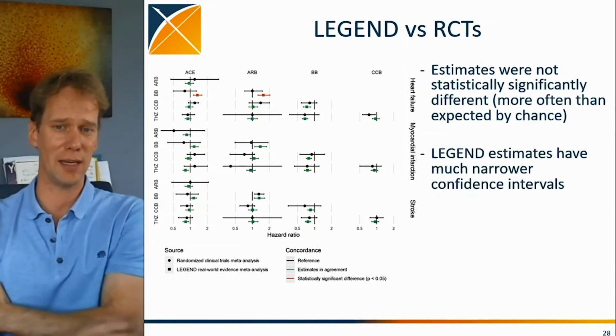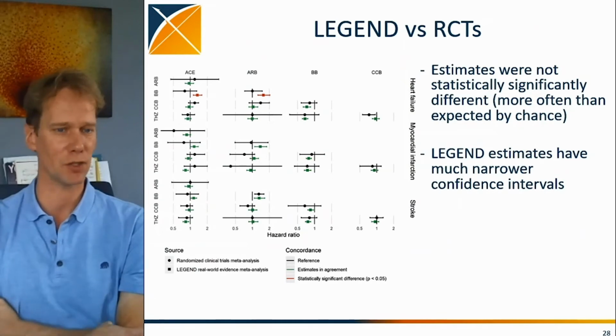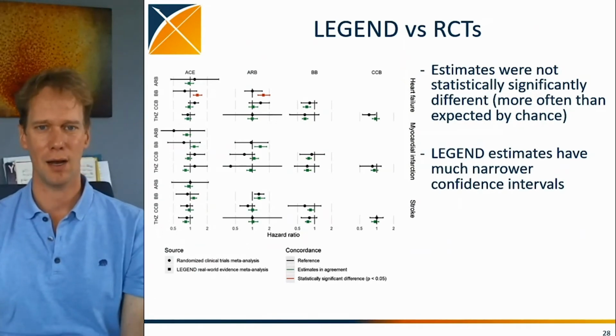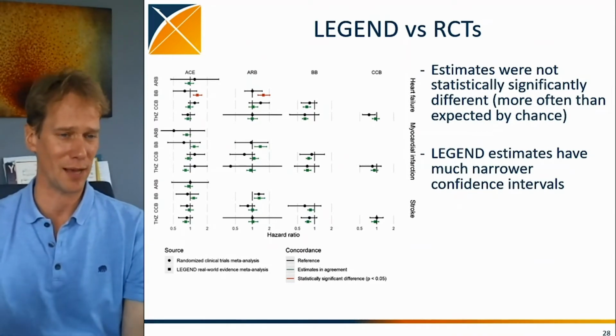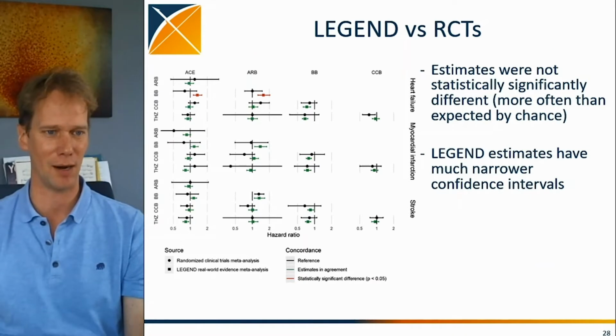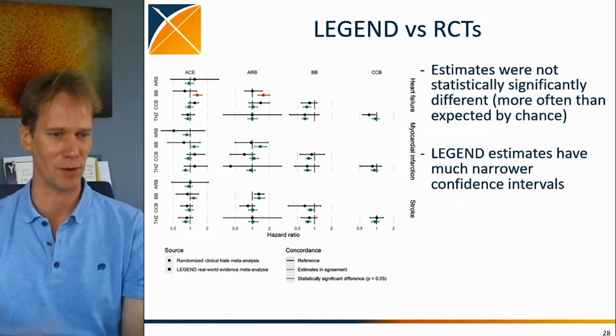What we also see is that the LEGEND estimates have much narrower confidence intervals. This is maybe not surprising. Even the largest randomized trial has at most 10,000 people or something, whereas in our observational databases, for some of these drugs, we have millions of people exposed.